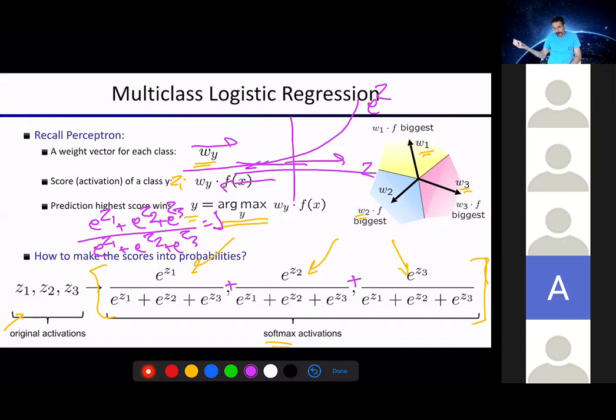And it is a nice transformation, softmax, because if we have z1 larger than z2, then e^z1 is a lot larger than e^z2. This is a nice property we want, because we want to discriminate the true label.